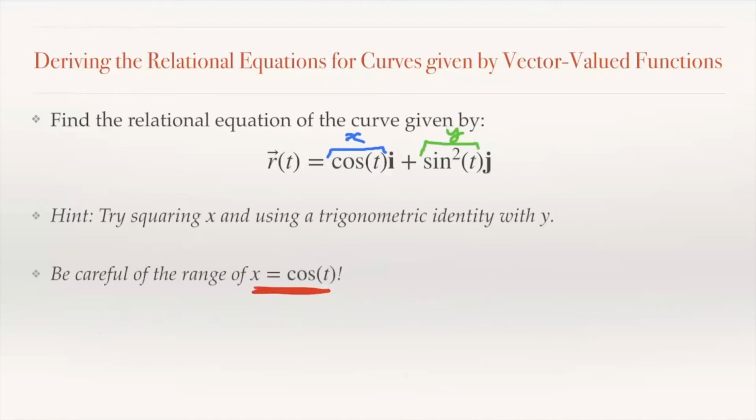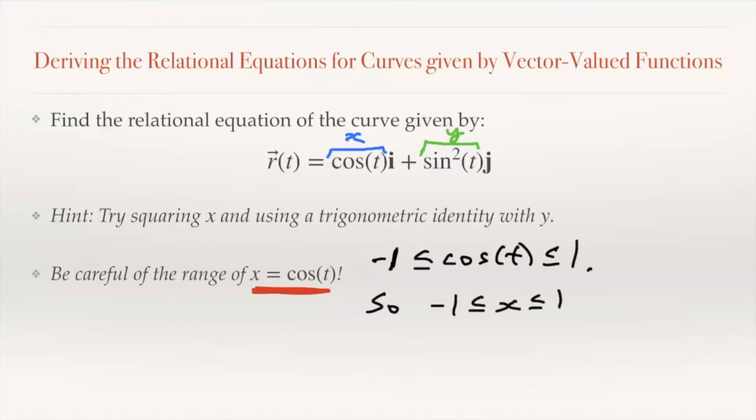So remember at this point, we sometimes need to be careful of the range. So we know from this that cosine t is always between -1 and 1. So what that means, since x is it, is that x is always between -1 and 1.